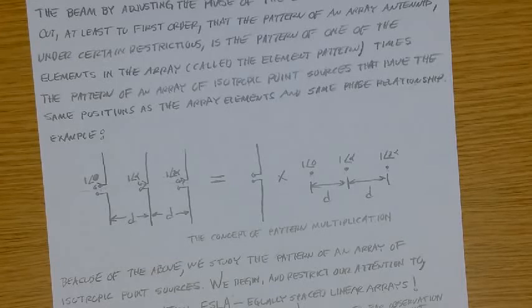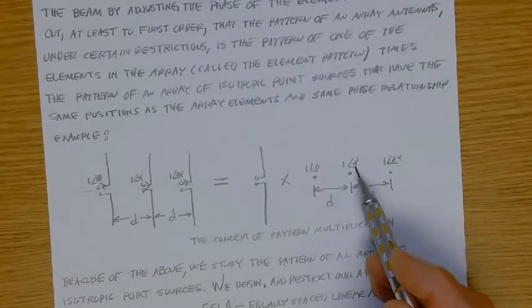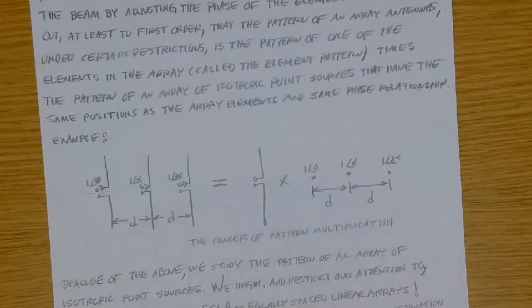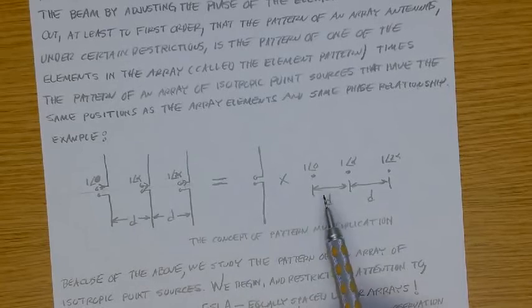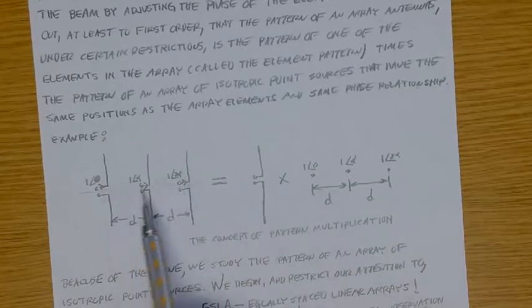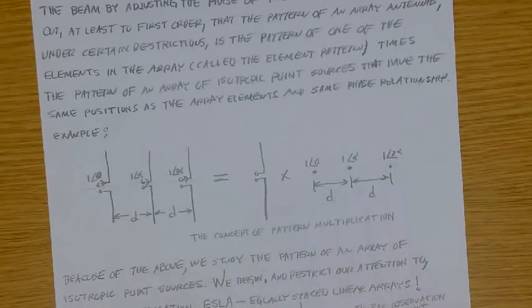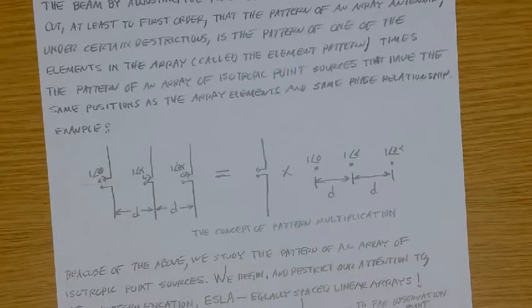We'll get a pretty good feel for how to change the main beam direction by adjusting alpha, and we'll be able to determine the shape of the pattern using a graphical technique, which is pretty useful, by simply knowing the number of elements, in this case we show 3, the spacing between elements, and the linear phase shift of the elements down the array, assuming again that it's uniform excitation.